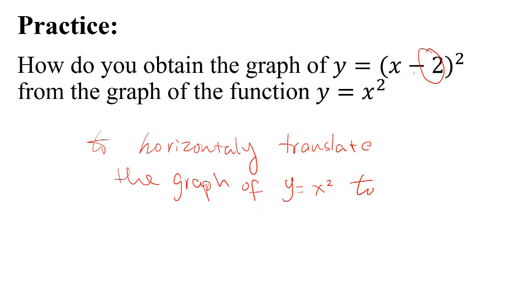You can think of it like this: in order to keep the y unchanged, each x should be enlarged by 2 units, right? That means the function should be moved to the right. So we should translate the graph to the right by 2 units.